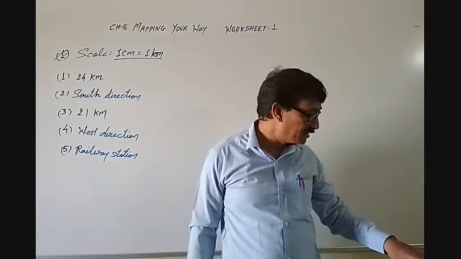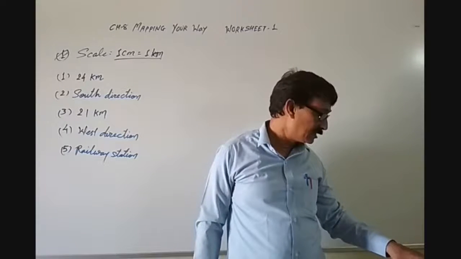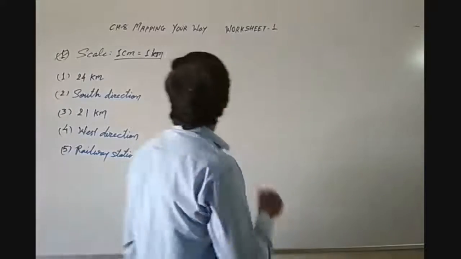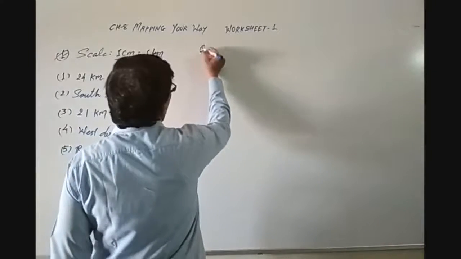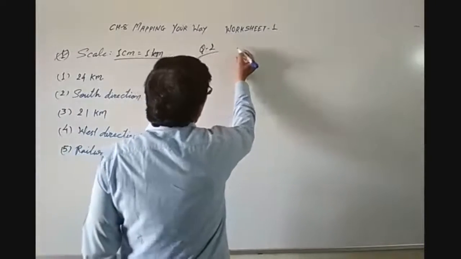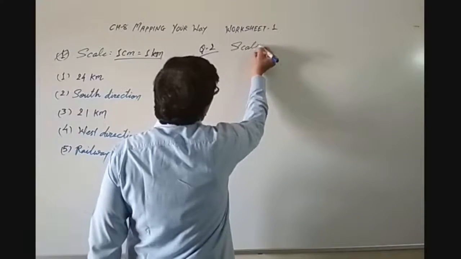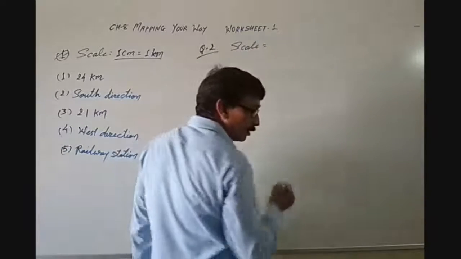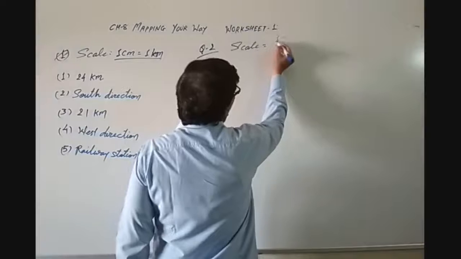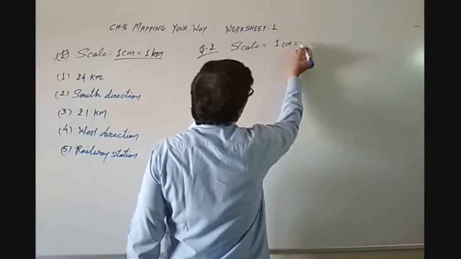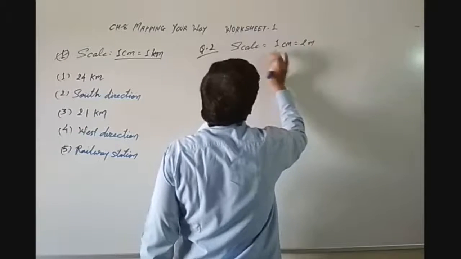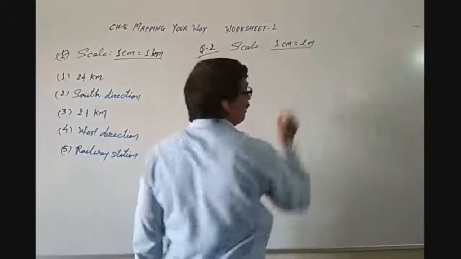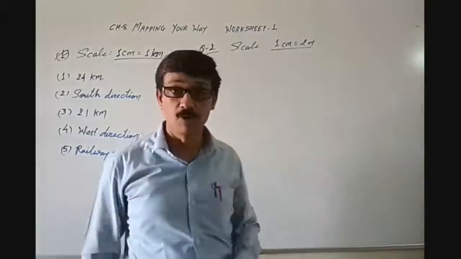Answer the following questions on the basis. Now in the second question also, the scale is equal to 1 centimeter is equal to 2 meter. See, this is very important. This scale is very important.